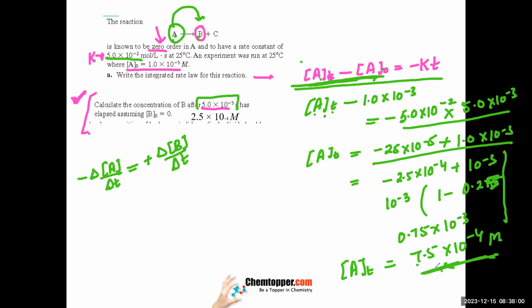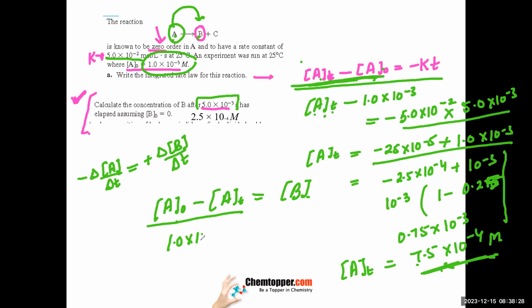Now, this At is the amount left. How much was the initial amount? This much. How much is left? This much. How much is used? So the difference, A naught initial minus this At, is the concentration of B which is formed. How much is this? 1.0 times 10 raised to minus 3 minus 0.75 times 10 raised to minus 3.